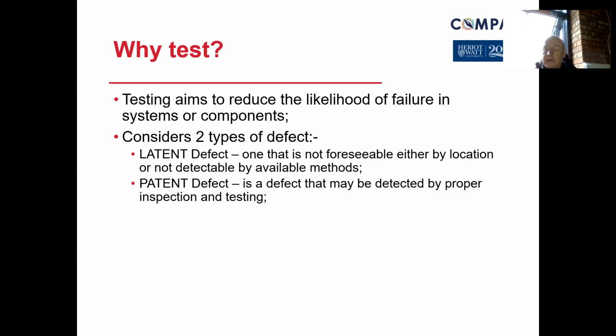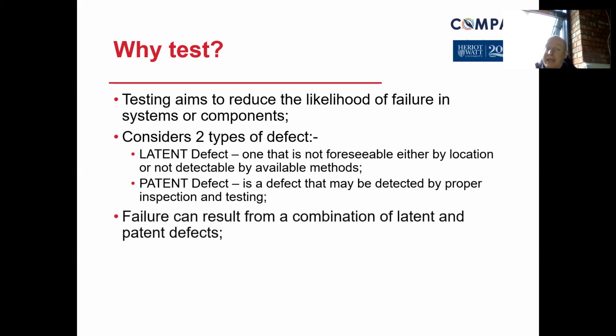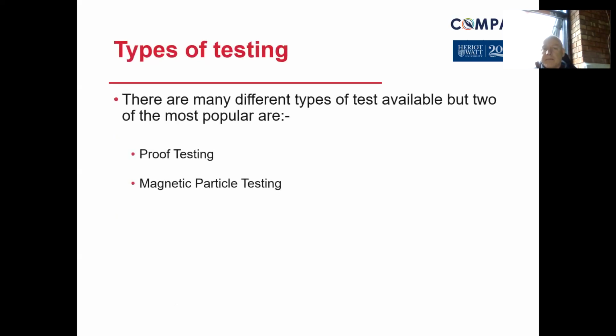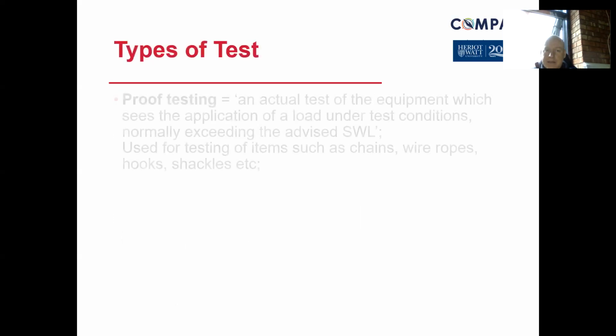So visual, load testing, and in pressure vessels it can be literally how tight the valve might be when it's under movement. Those tests play a part in making sure that it remains fit for purpose. When we identify that something can fail, then we need to take action. There's a variety of different tests: proof testing, magnetic particle testing, so we can see where there are any cracks in metals.